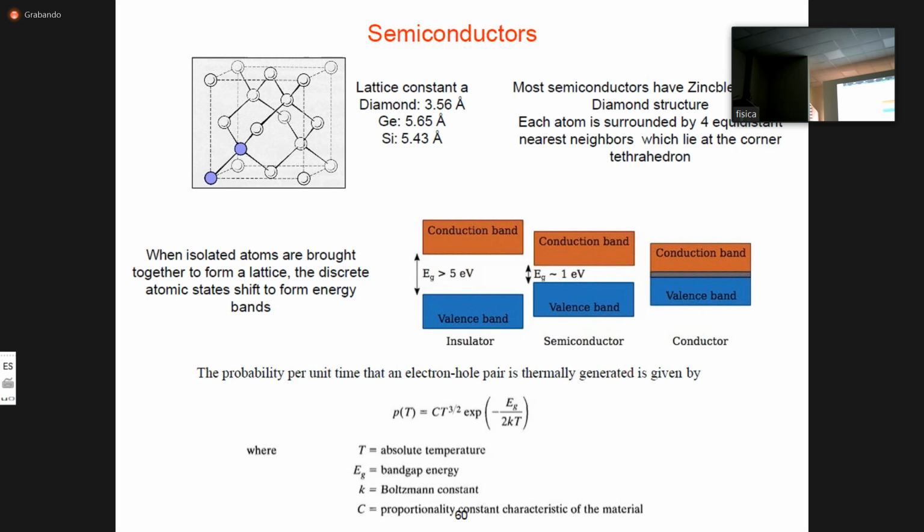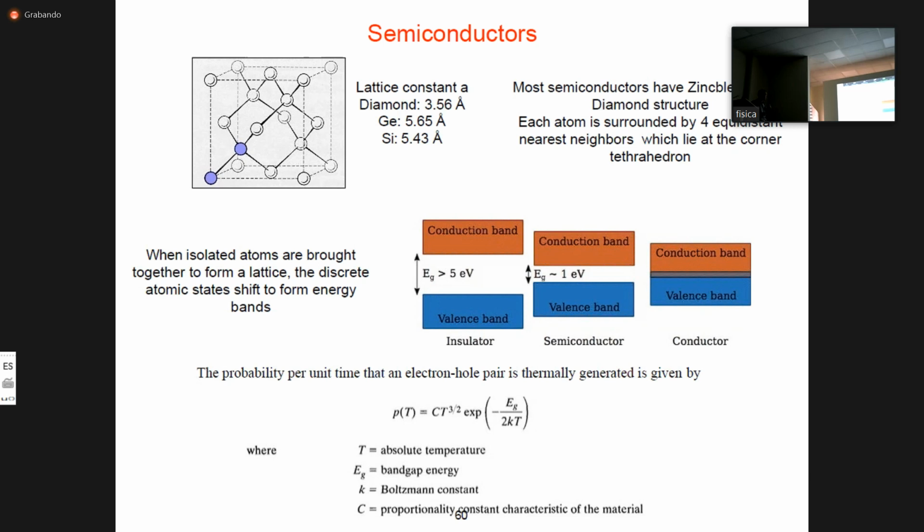We have a lattice, and in the dots of this lattice, there are atoms which form this beautiful structure. You have distance between them, which is usually measured in angstroms, and there are typical materials which are used for semiconductor detectors, germanium and silicon.